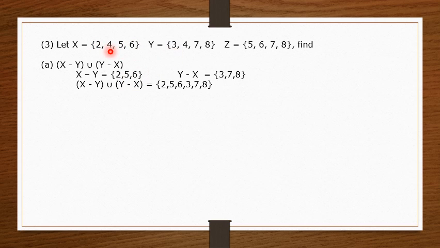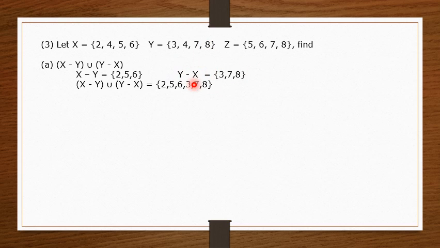Now Y minus X: we need to write every element in Y, but we cannot write elements which are present in X. 3, 4 is present in X, 7, 8. So Y minus X consists of the numbers 3, 7, 8.